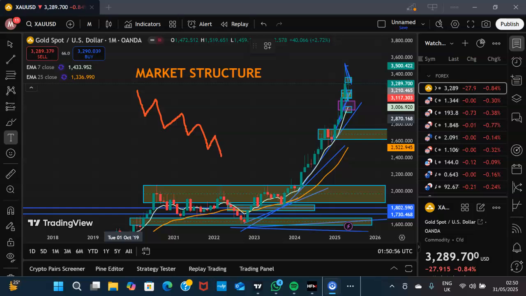The more you keep having lower highs and lower lows, the more this is a characteristic of a downtrend.